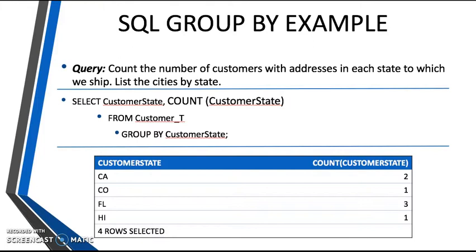The code utilized is select customer state, count(customer state) from customer _t group by customer state. The output then displays the number of customers in each state. Right here, 2 for California, 1 for Colorado, 3 for Florida, and 1 for Hawaii from the 4 rows that were selected.